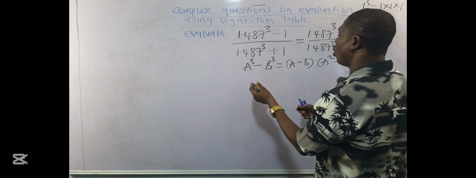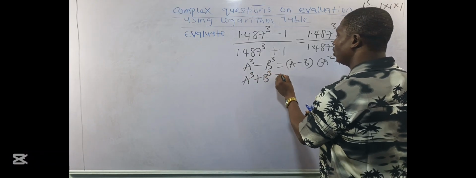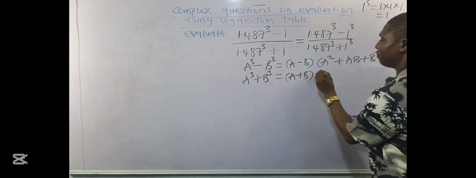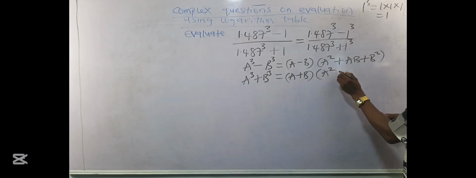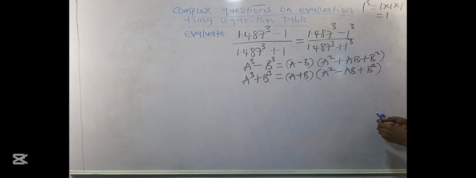And sum of 2 cube, A raised to power 3 plus B raised to power 3 will give me A plus B in brackets A square minus AB plus B square. So this is it. This is what we'll be using for this.